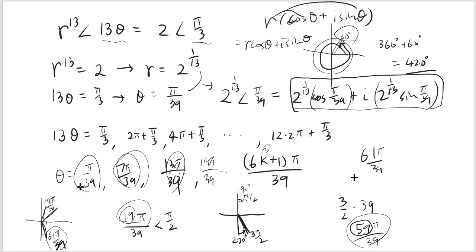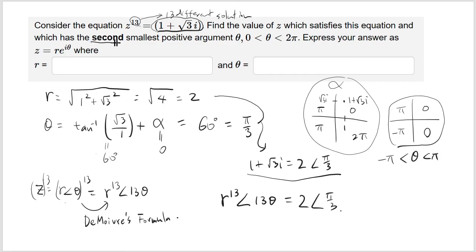So you really have to do these 4, and then starting from 61, try until 12 times 6, 73 pi over 39. Do these numbers and pick whichever has the second smallest positive value, because that's what the question is asking for: the second smallest positive argument.